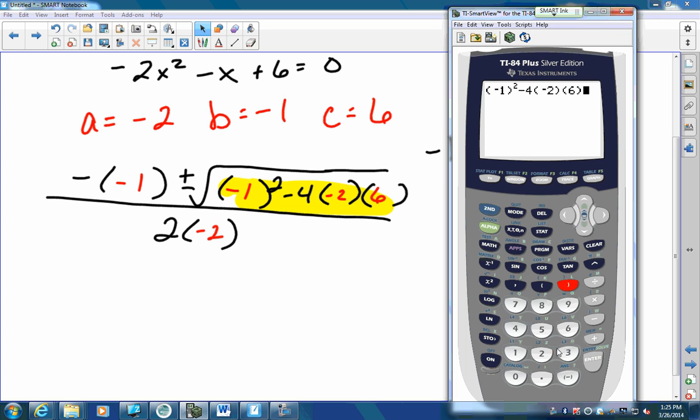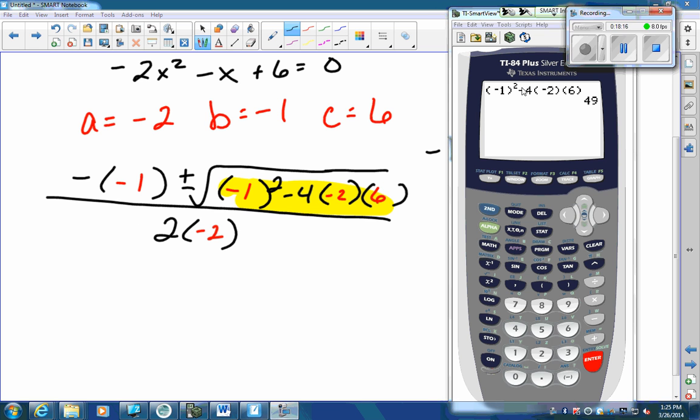So everything that's underneath the square root sign, I put in there and I press enter. Did you get 49? No? If you didn't, bring me your calculator. Make sure you put a negative in there. Make sure that you have the right signs. So now what's a negative times a negative? A positive.